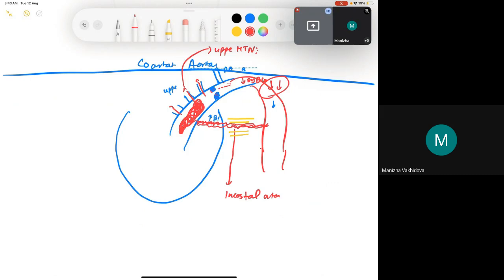So the intercostal arteries are going to have a lot of blood, and whenever arteries have blood, they pulsate. We know that, right? So the chronic pulsation of these intercostal arteries would lead to erosion of your ribs.